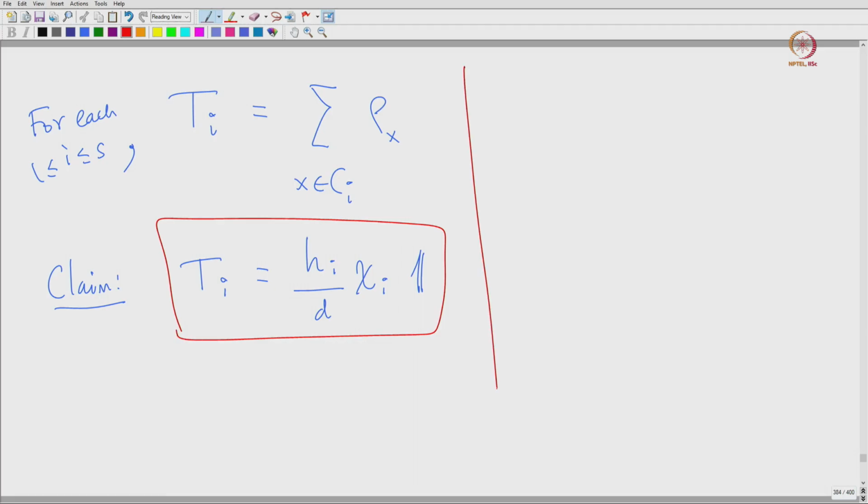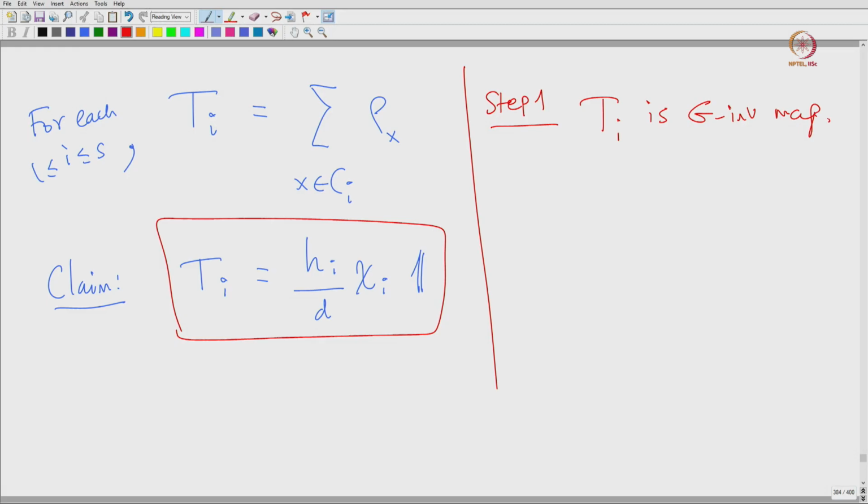So, how do we prove this claim? We prove it in two steps. First, we prove that T_i is indeed a G-invariant map.